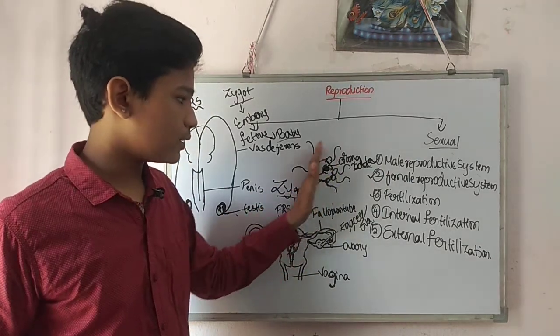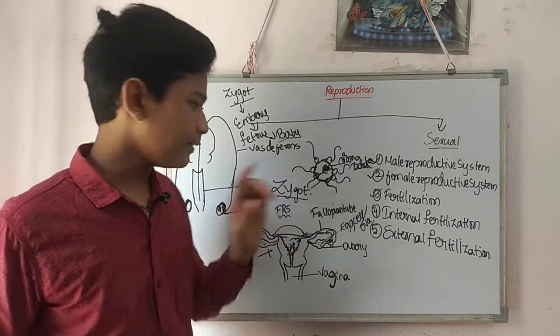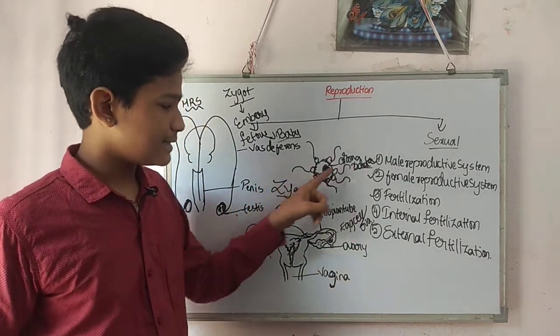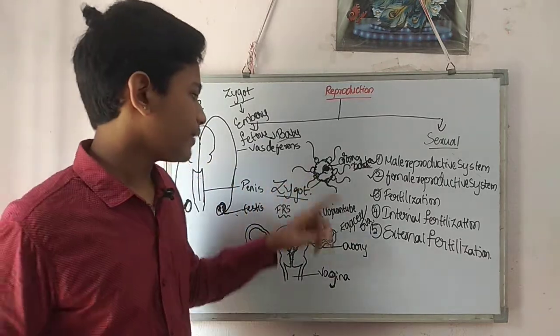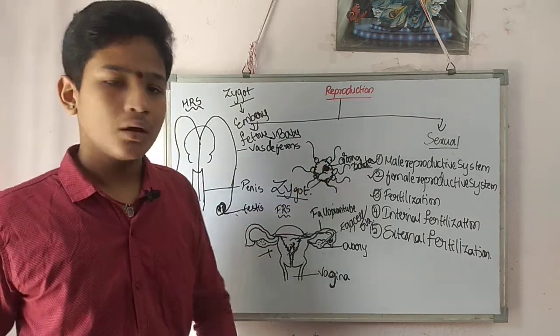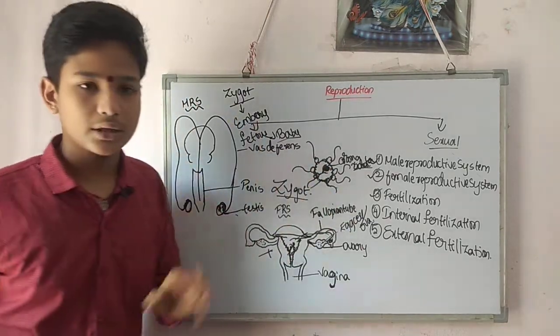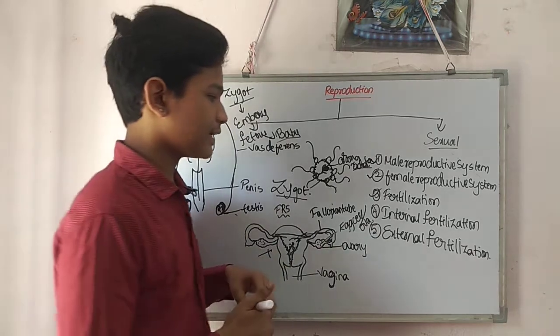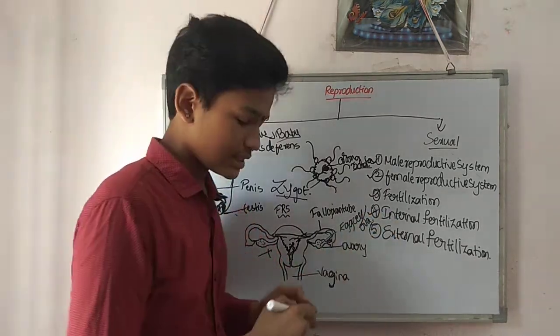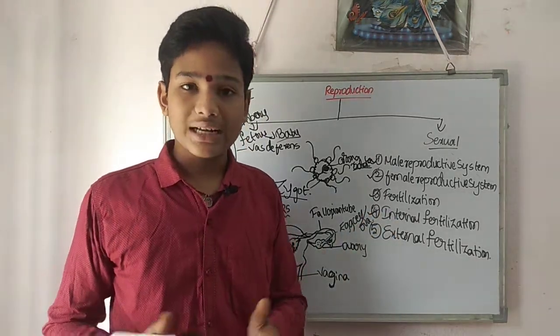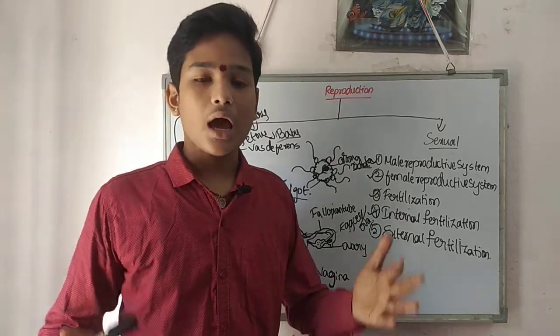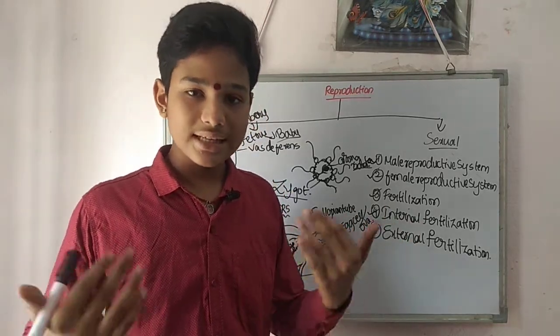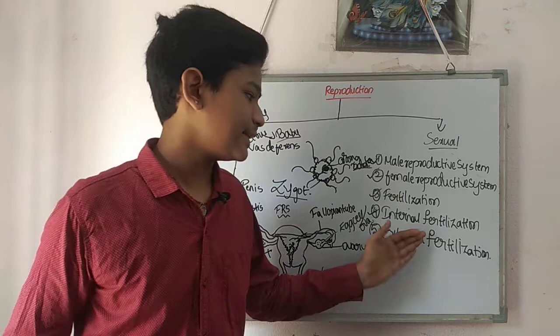This outer part is called corona radiata. Only one sperm gets inside and fuses with the ova and produces the zygote. This is internal fertilization. If the fertilization takes place inside the female body, it is called internal fertilization.